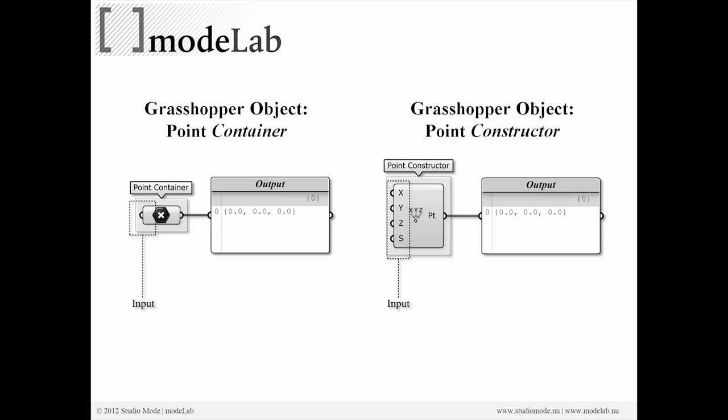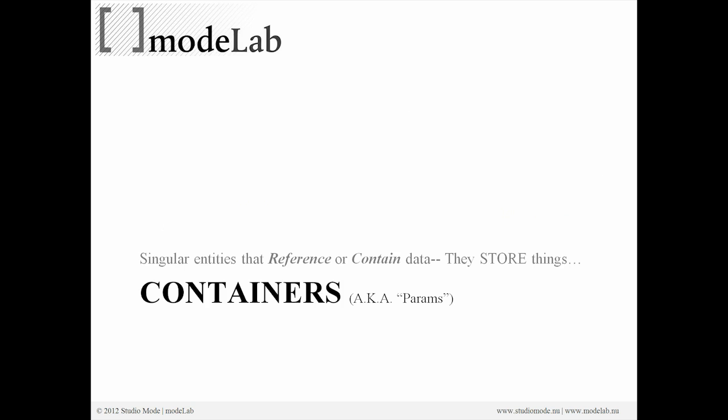We like to refer to these as constructors. In this case, a point constructor. And on the left, a point container. So containers, or as David refers to them, params, are really singular entities that reference or contain data. So they store things.